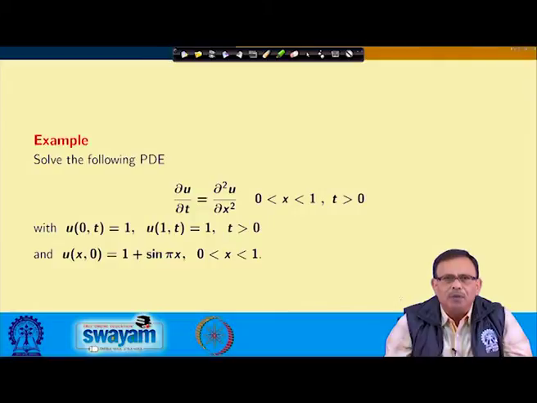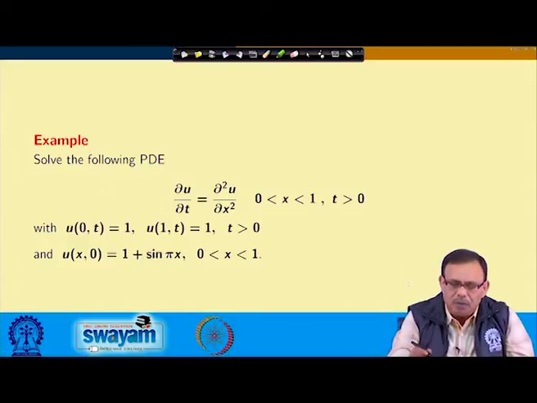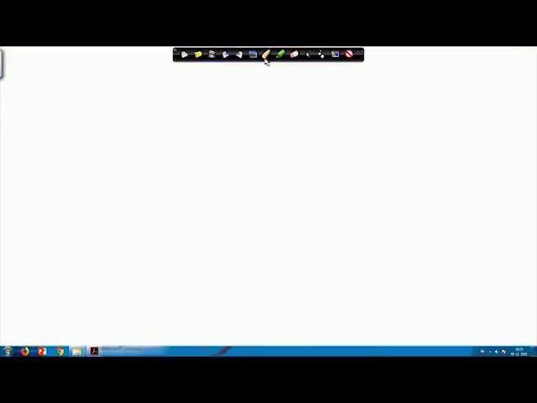So, for this particular problem, as t is greater than 0, that is, the range of t is from 0 to infinity, and the value of the function is provided at t equals 0, I am compelled to use the Laplace transform to solve it. The equation is del u by del t equals del square u by del x square, and the conditions are given over here.